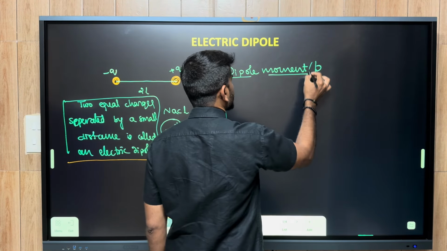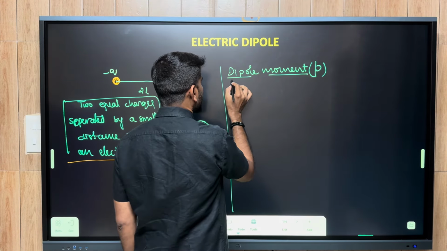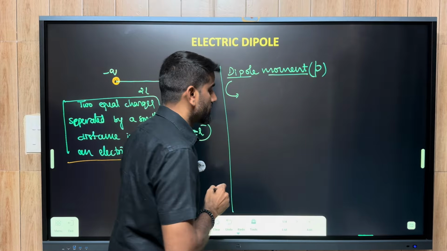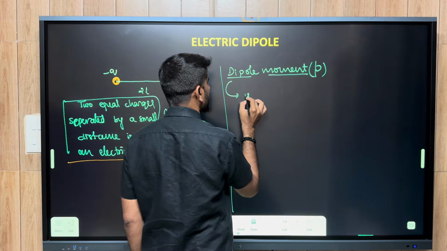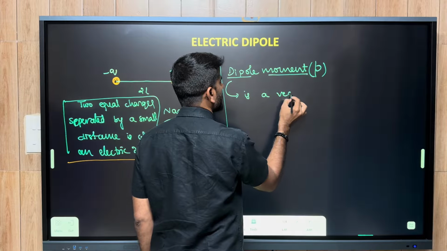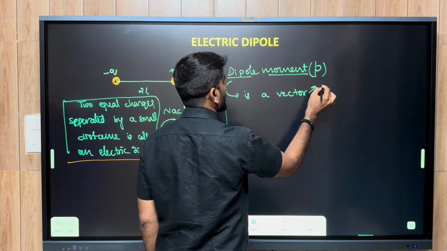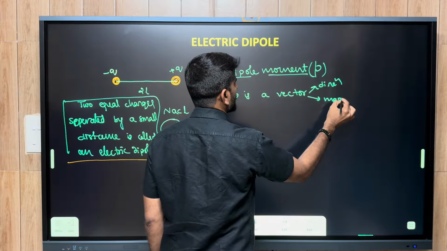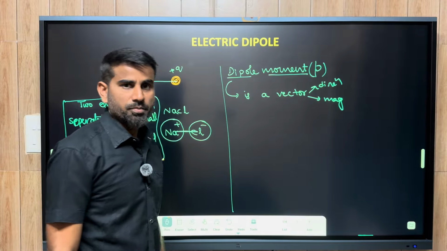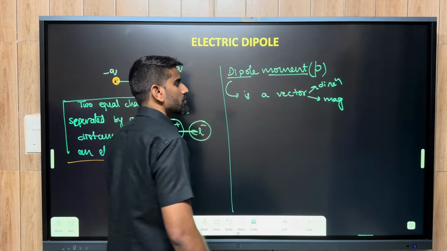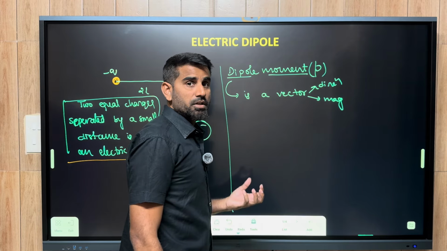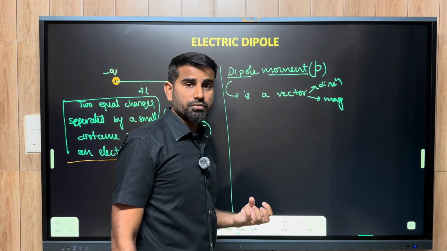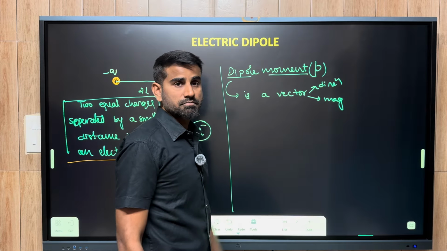Electric dipole moment is a vector quantity, so it will have direction as well as magnitude. Now coming to how do we find the magnitude of the dipole moment.